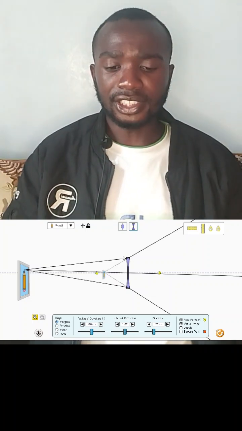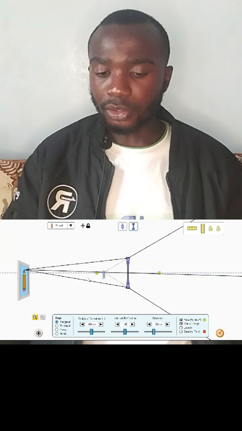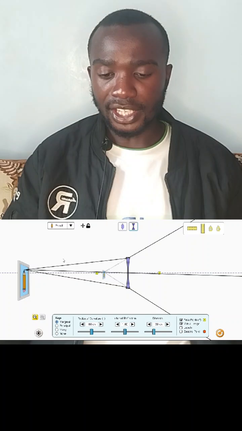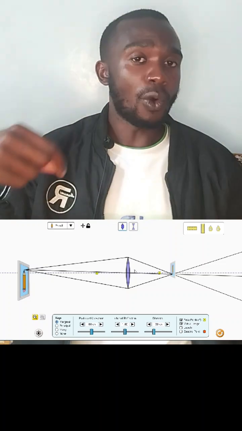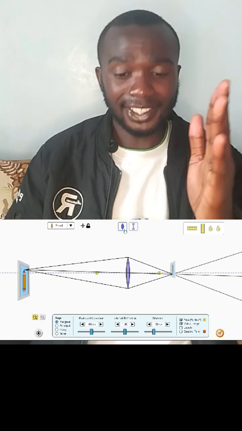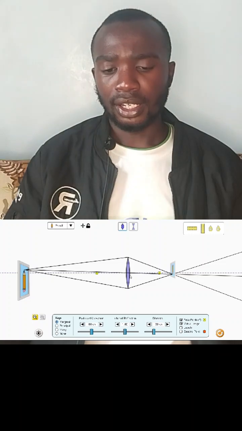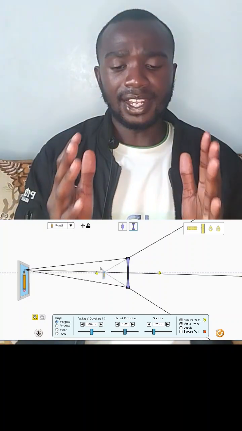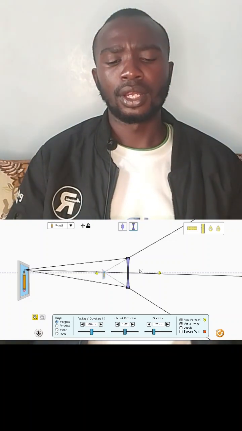So it tries to diverge the rays from the object. So hata ukiangalia the position of the image kwa hii ya pili, the image iko katikati ya object na the lens. Lakini kwa ile convex lens, image ilikuwa the other side ya lens. So kwa convex, the lens iko katikati, lakini kwa concave, the lens iko mwisho kabisa. So the image ndio inakuwa katikati.